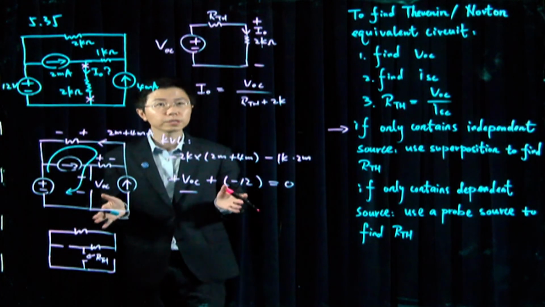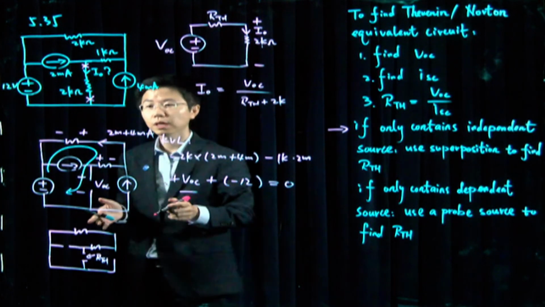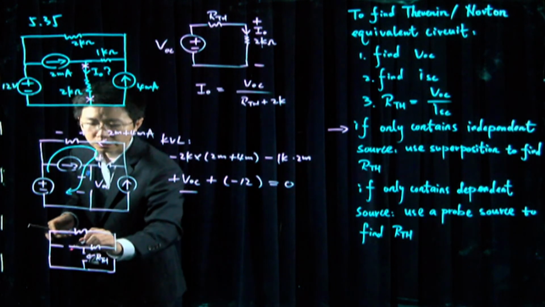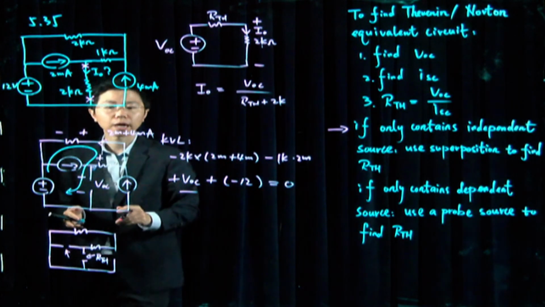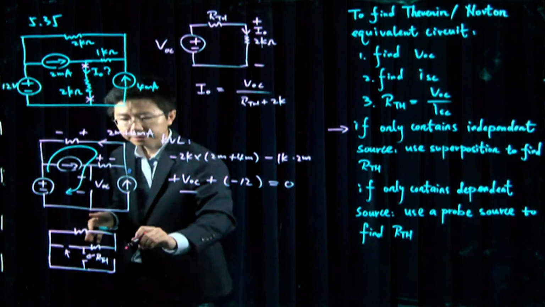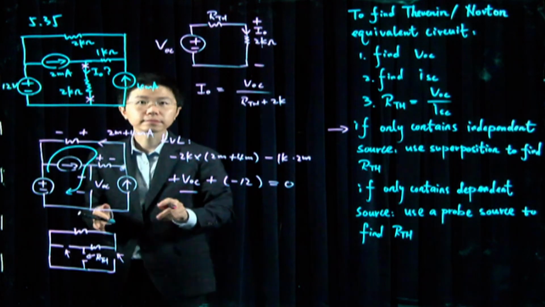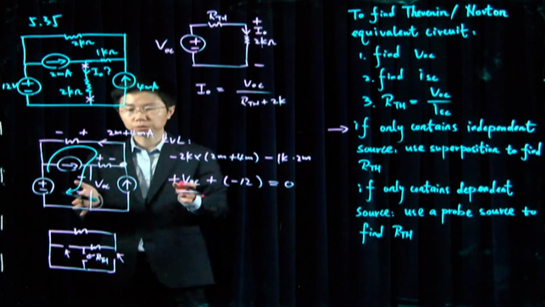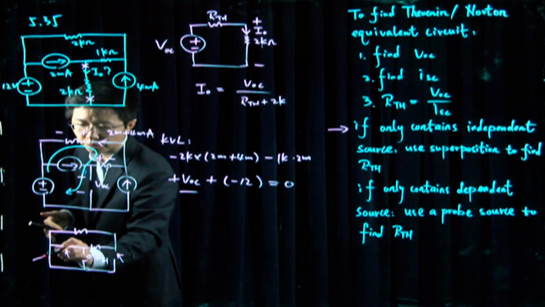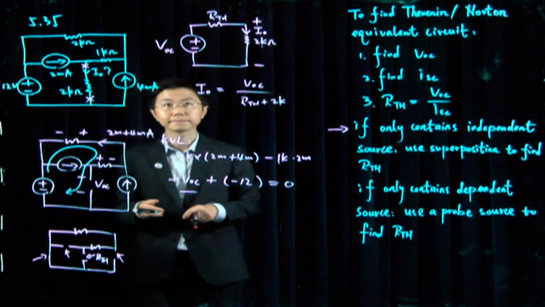In here, notice what's happened after the superposition. Firstly, I'm setting my current sources to 0, and when current sources are set to 0, they become open circuits. Then I set my voltage source to 0, and this voltage source becomes a short circuit.